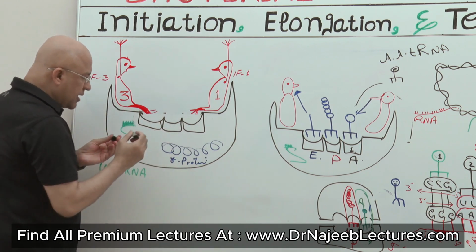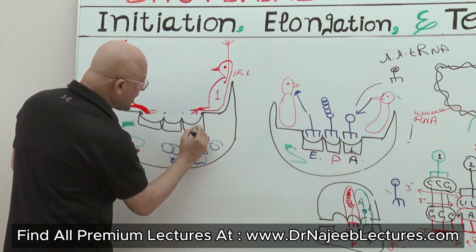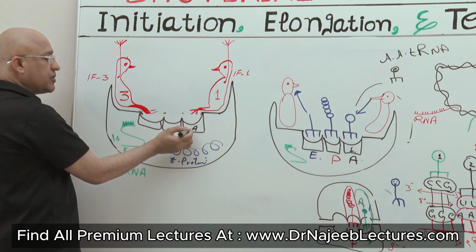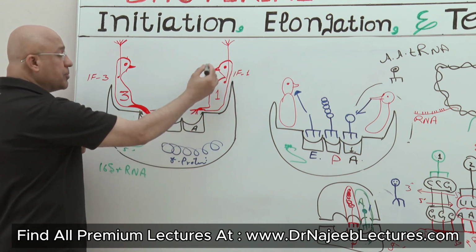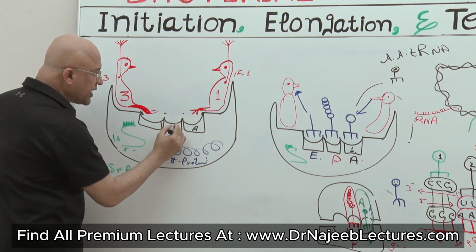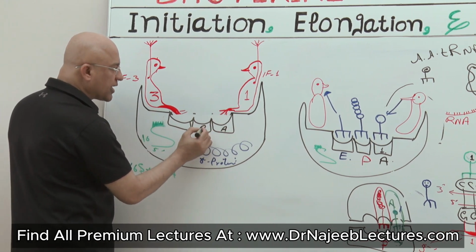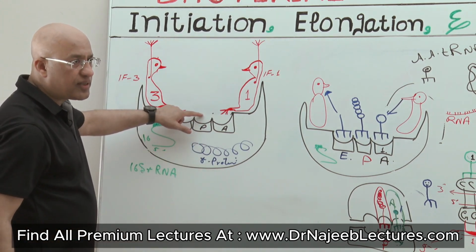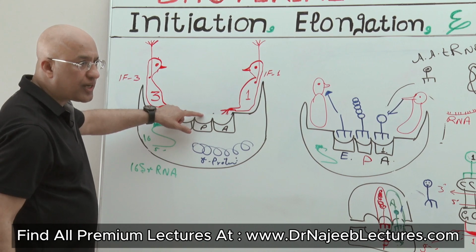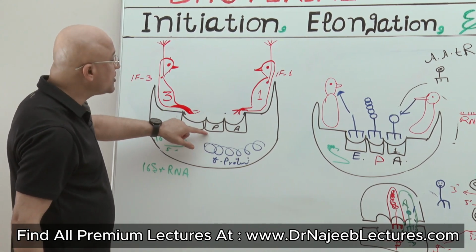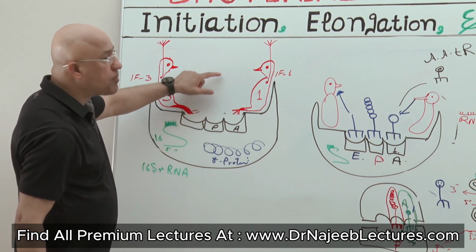Now this was called the A site because it welcomes the newly coming amino acyl transfer RNA. Then there is the P site. This was the arrival site. This is the parking site, where such transfer RNA is present that is either going to initiate the process of translation, or is carrying a peptide chain.